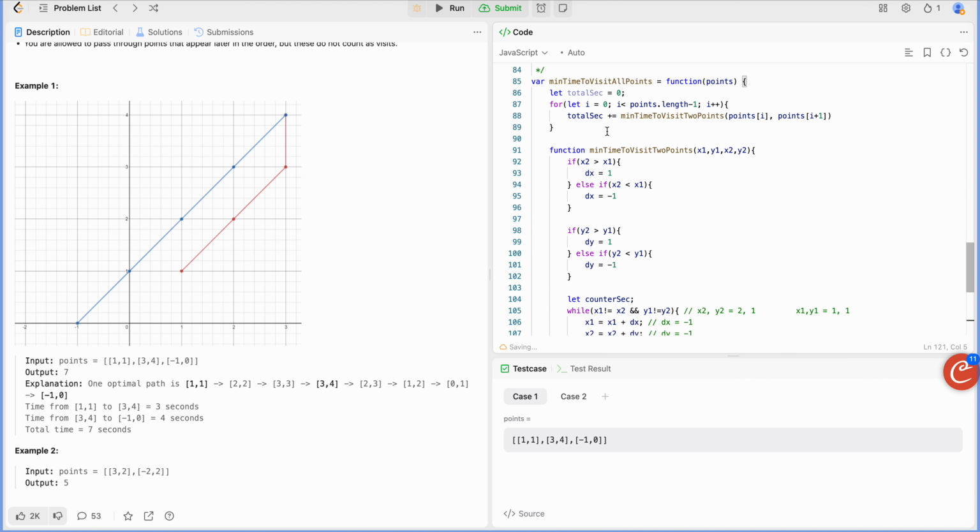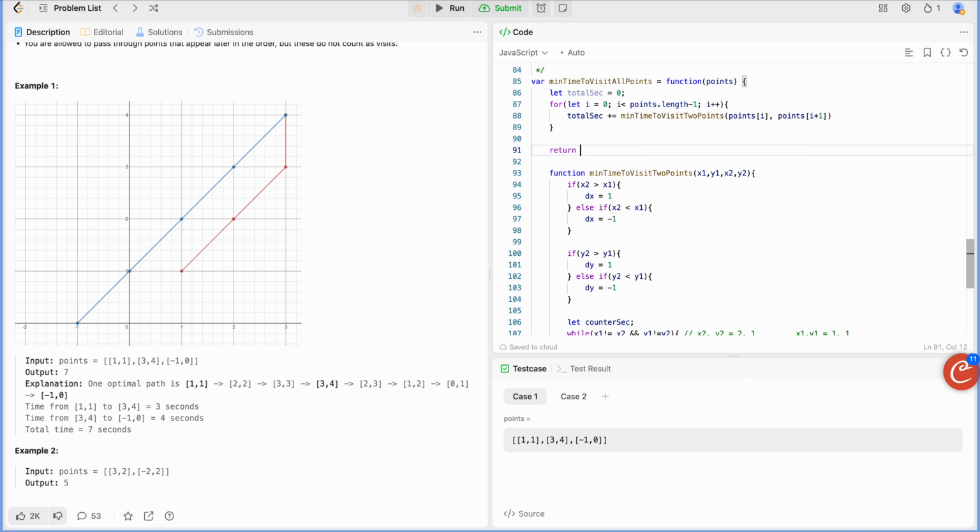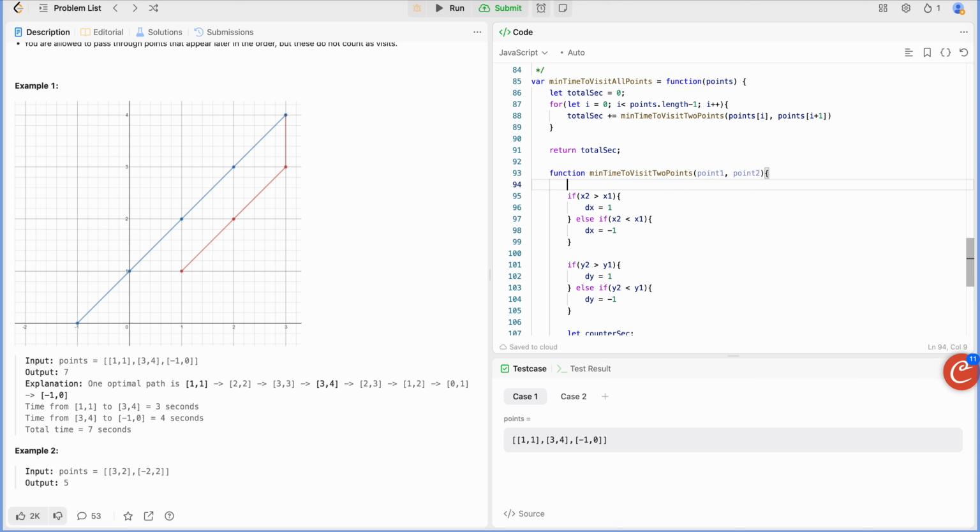And at last return total. So points 1 and points 2, yeah, I can also do that. I guess it's easier for reading.